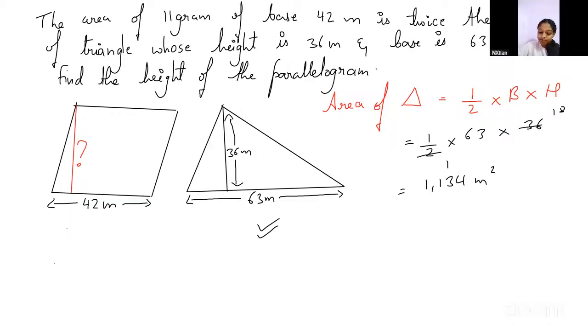Okay, now area of parallelogram is equal to area of triangle multiplied by 2, because parallelogram is 2 times the area of triangle.